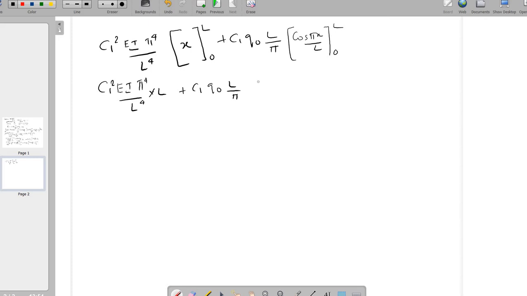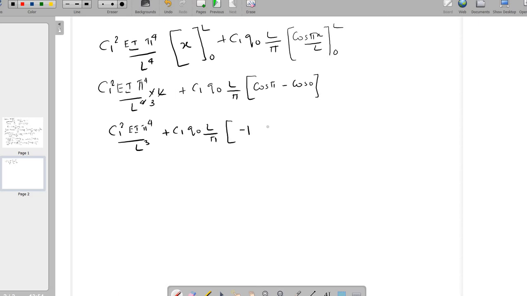When you substitute L in the place of x, it is cos pi minus cos 0. So I am cancelling L power 4, which gives L cube. C1 square EI pi power 4 by L cube plus C1 Q naught L by pi.